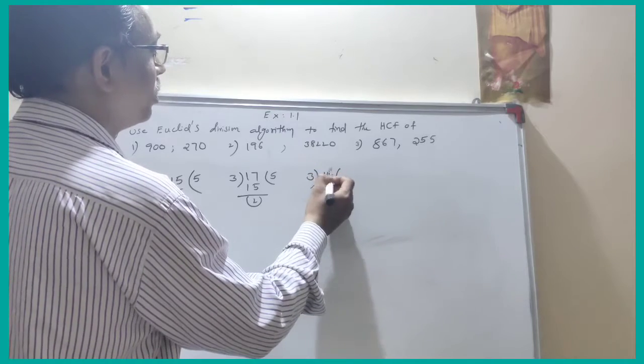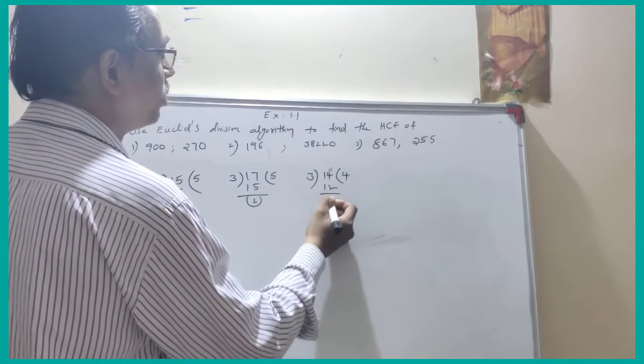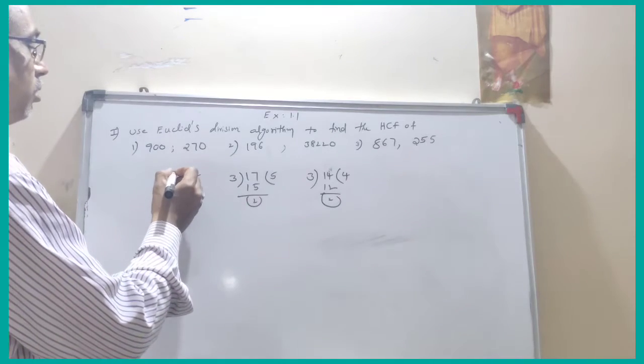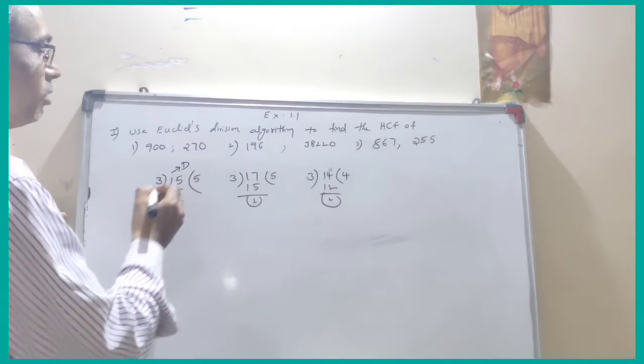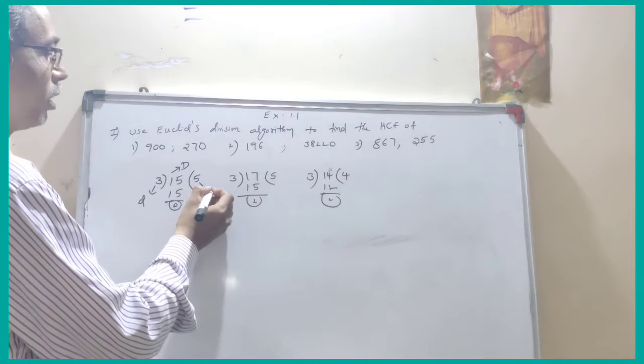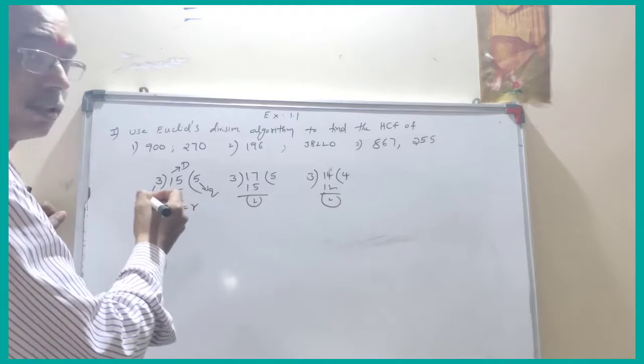Otherwise take 14 here: 3 fours are 12, remainder 2. So in all this, we can write 15 as the dividend, 3 as the divisor, 5 as the quotient and 0 as the remainder.